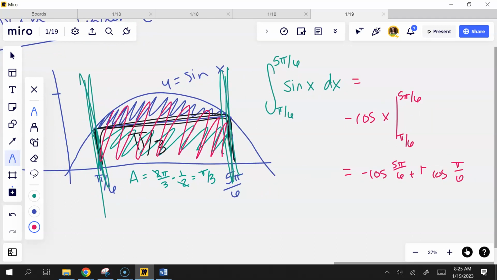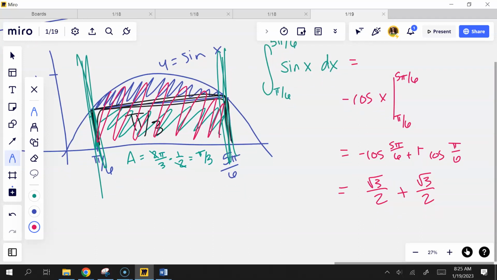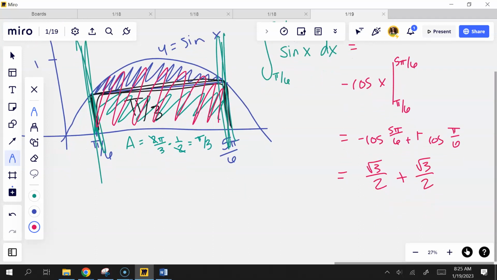All right, what's the cosine of 5 pi over 6? Negative root 3 over 2. So I'm going to make it positive because it's negative out front anyway. And to that, I'm going to add the cosine of pi over 6. What is that one? Root 3 over 2. So I get half of a square root of 3 plus half of a square root of 3 gives me a whole square root of 3.